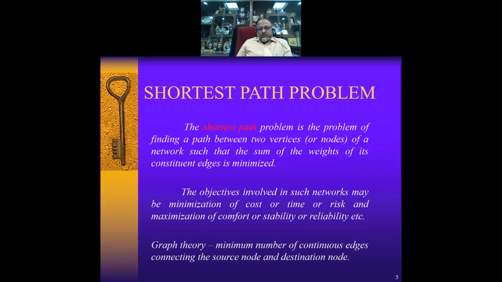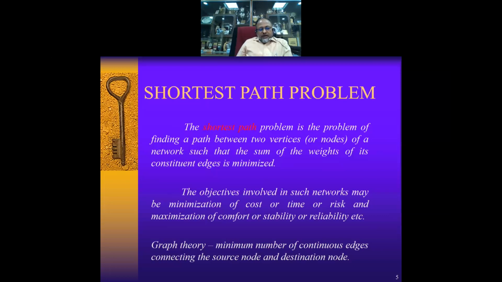The objective involved in such networks may be minimization of cost, time or risk, and maximization of comfort, stability or reliability. So the objective is defined by the decision maker.